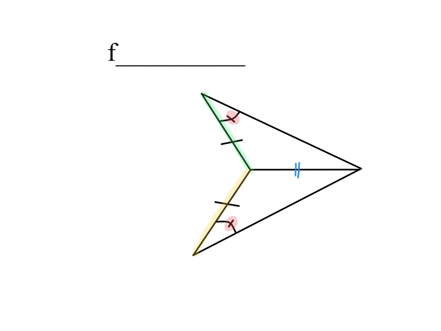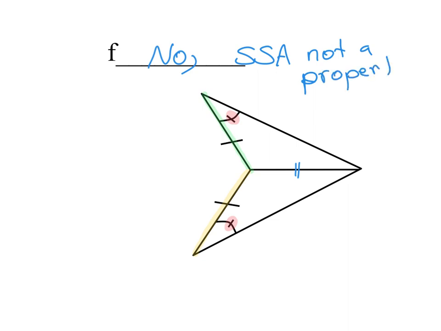So yes, they have a common side. So I have an SSA. SSA is not a property. So no, these two triangles are not congruent because SSA is not a property. And this is the only thing I know. That's the only thing that's given to me. I don't have any other angle marked or any other side that's marked.